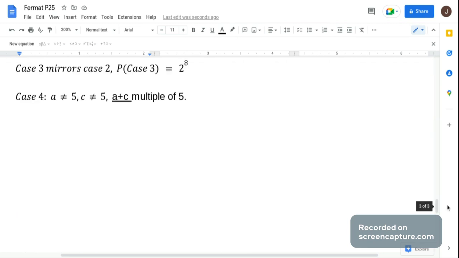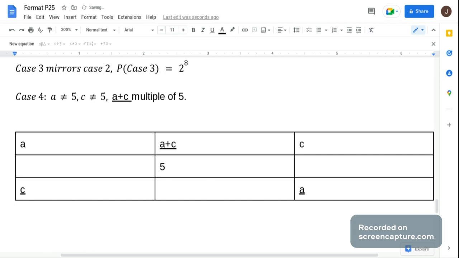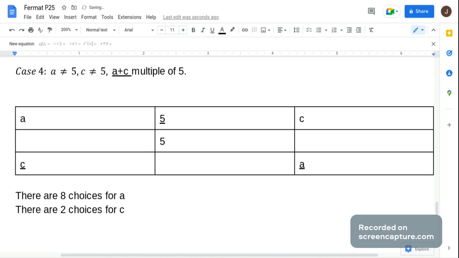So it's like this. Since we know that it is a multiple of 5, it can only be 5, because from the integers 1 to 9, only 5 is a multiple of 5. And we know that there are 2 choices for A and 2 choices for C, using the rule above.